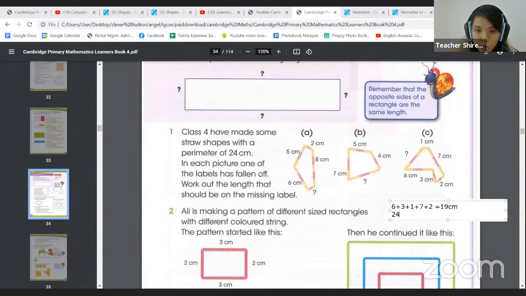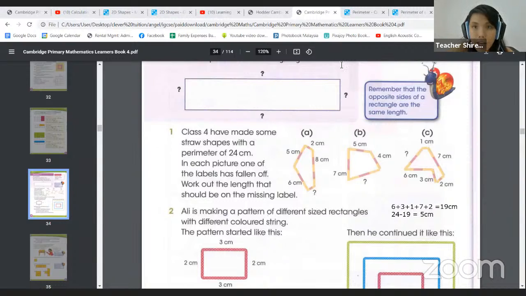But what you want is 24, so 24 minus 19, then you get 5 cm. Okay? Okay, everyone seems to have got it right already.